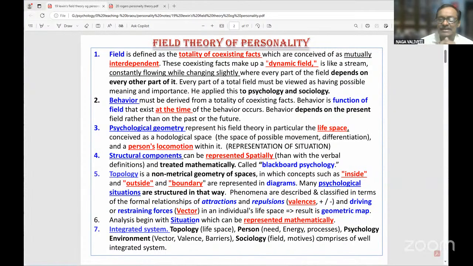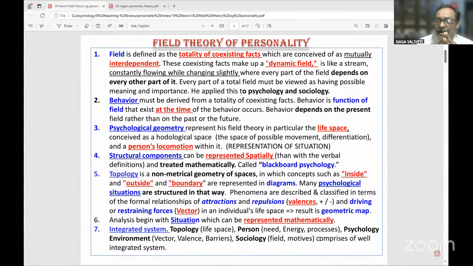Again, in the person there is an inner person and outer person, and in the inner person there are certain subdivisions like cells. This person exists in a psychological field or environment, in which all dynamic aspects will be living or existing.